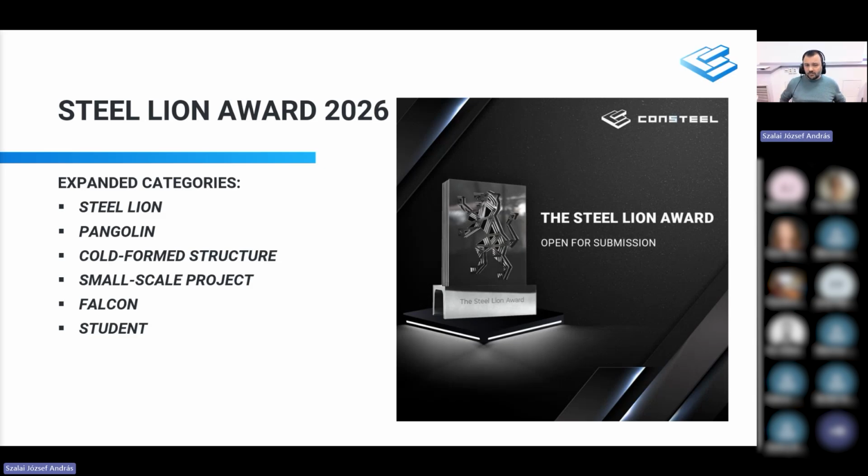It is more and more often that Consteel is used in this industry because we have a couple of advantages using this specific element and specific methods that we implemented in Consteel. In this area, the cold form structure area, it is especially efficient to use Consteel. We introduced a new category for smaller projects, small scale projects.